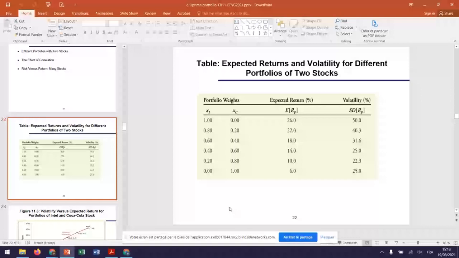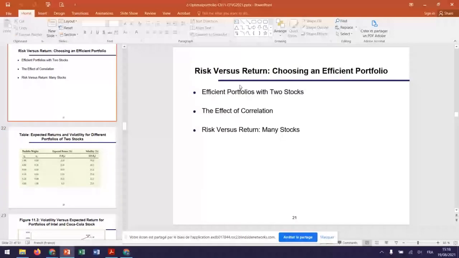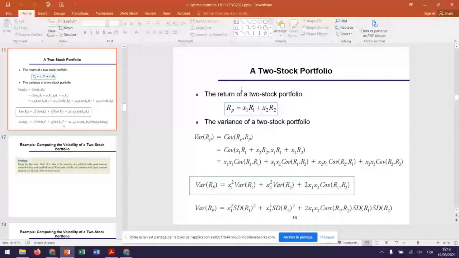If I put different weights, I calculate the exact expected return and volatility. So how do I get these numbers? Everybody knows how to get these numbers even if I don't show you this table. It comes from this formula: you have the return of Intel, the return of Coca-Cola, the standard deviation of Intel and Coca-Cola.